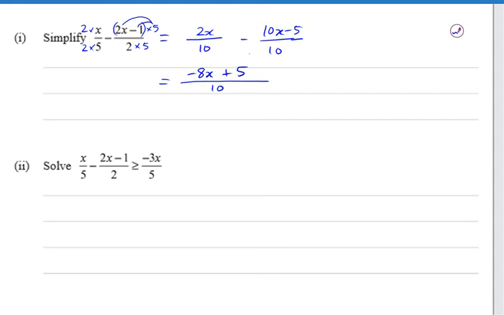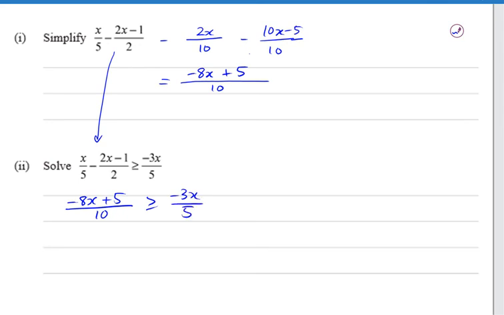Alright, as you're getting familiar with now, we're starting to see a pattern where we're given a hint for our next question. So let's use our hint from our working from our last question. So we've got negative 8x plus 5 over 10 is less than or equal to negative 3x over 5. And that's already made it easier.